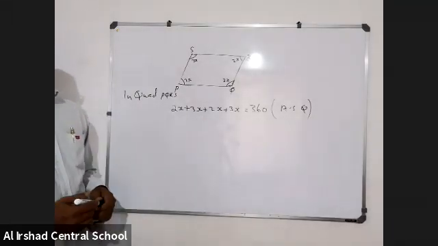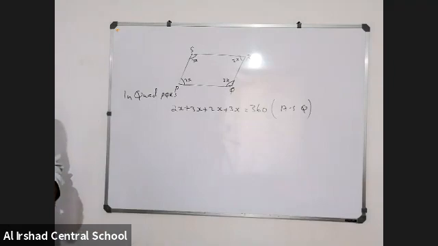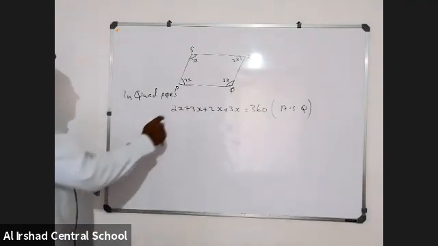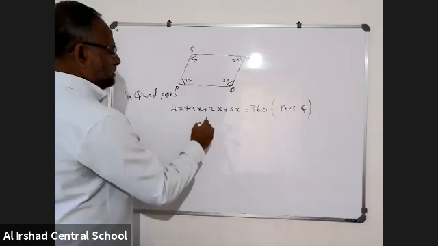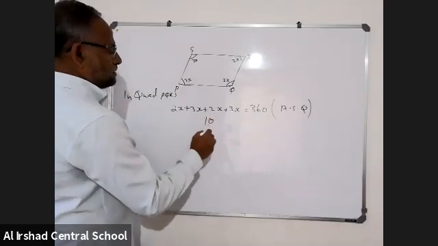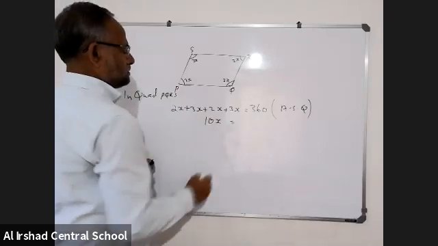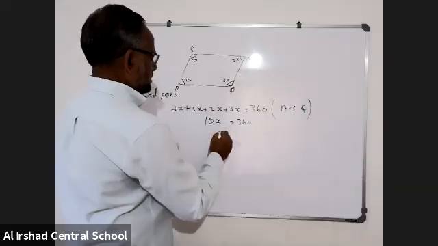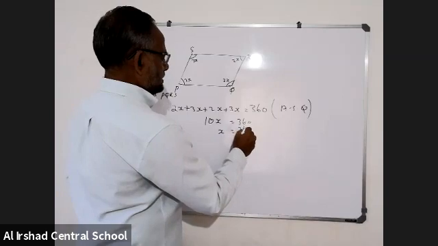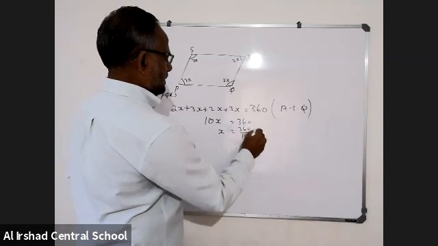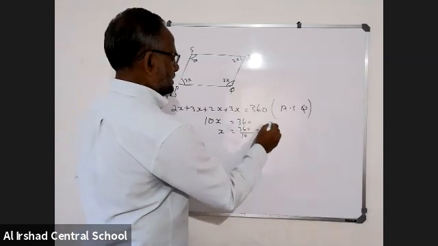Now find out x, all of you. 2 plus 3, 5. 5 plus 5, 10. 10x is equal to 360. So x is equal to 360 divided by 10, that is equal to 36.